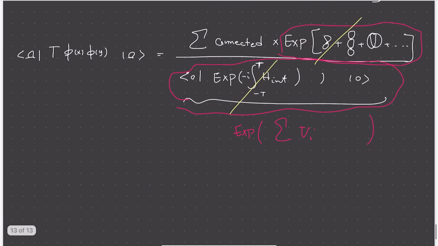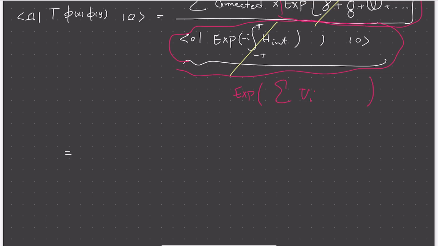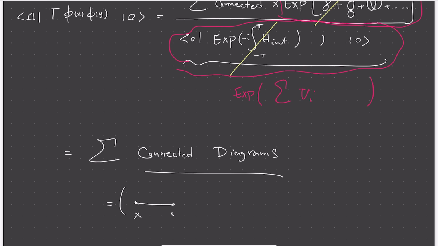So our expression is going to be only the sum of the value of the connected diagrams, which means only the connected diagrams from x to y plus x to y, and then you have z here and the other terms.